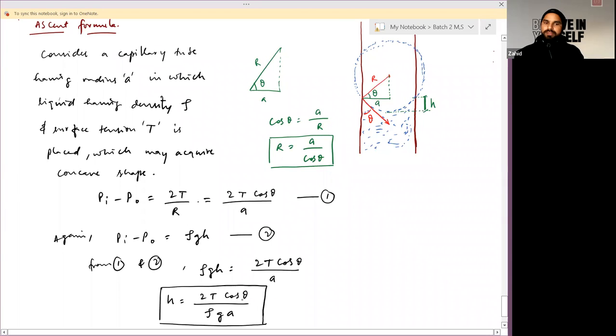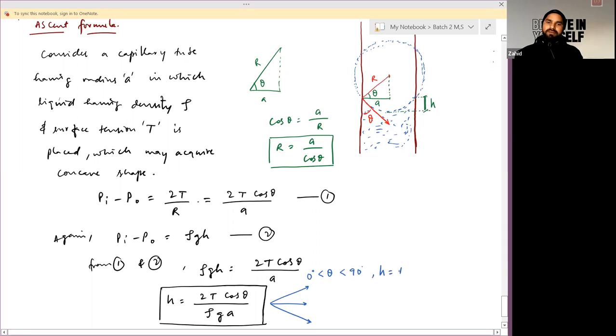Now, depending upon the value of theta or angle of contact, we may define three different conditions. First, if theta is greater than 0 degree but less than 90 degree, means theta is acute, so cos theta in this range will be positive.